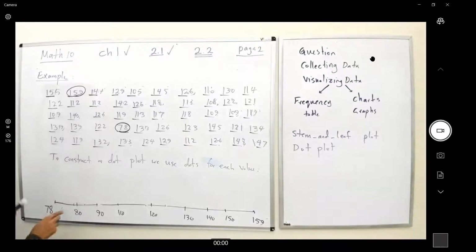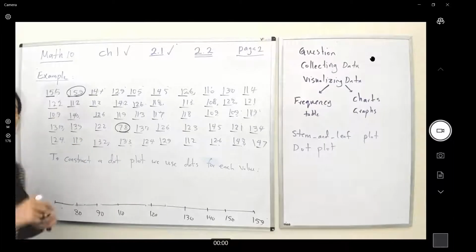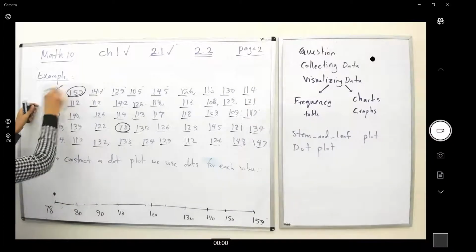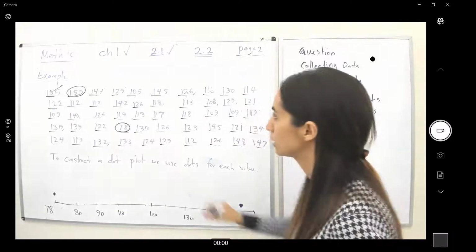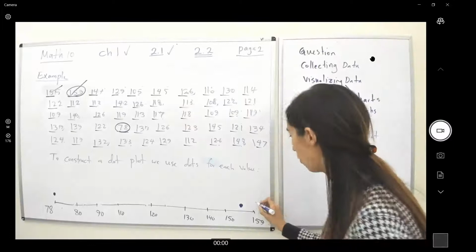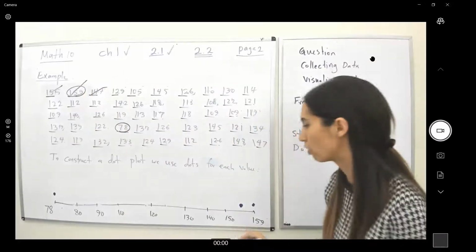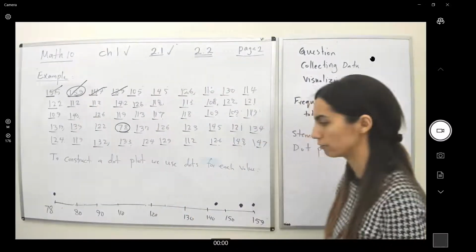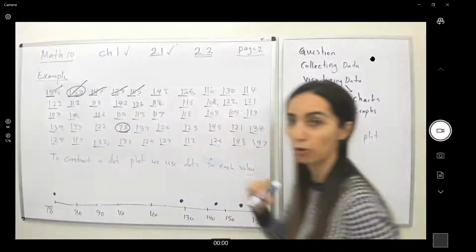So let us begin. We have 78. It means that we put 1 dot for 78. Next number, 155. 155 is roughly here. Then you have 159. 1 dot for 159. 144. Where is 140? 144 is roughly here. Then you have 129. Where is 120? 129 is close to 130. Then you have 105.